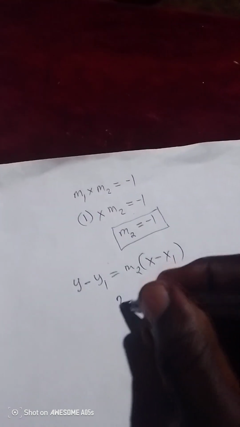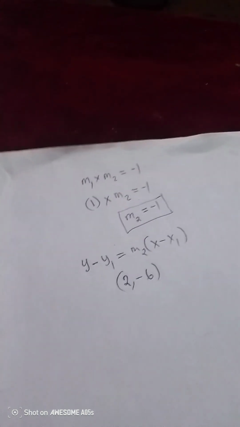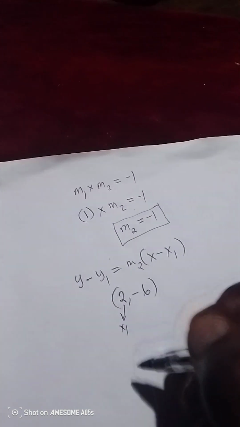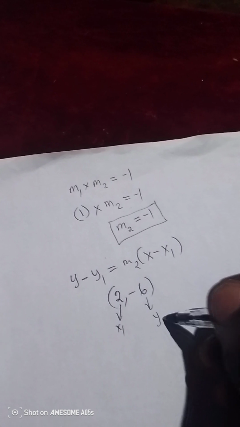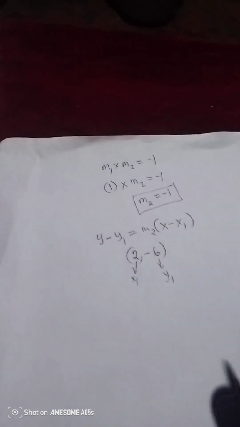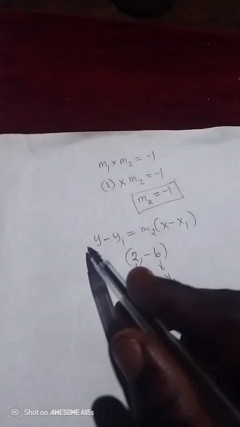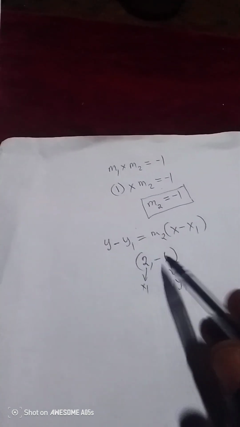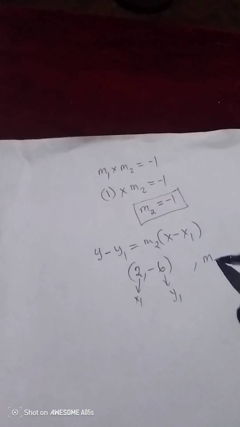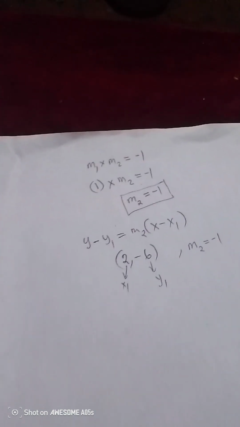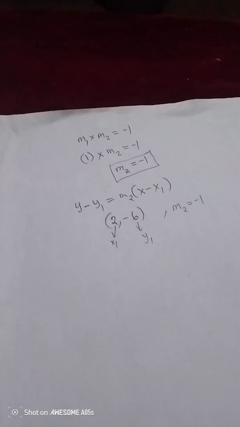From the point which we have been given, which is 2, negative 6, we are going to say this is x1 and this is y1. Then we are going to replace them in this equation. This is the equation of the normal or a straight line. So we're going to replace these two values and the m2 value, which we found to be negative 1. So let me do the replacement.